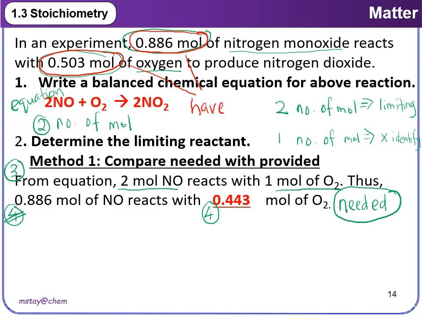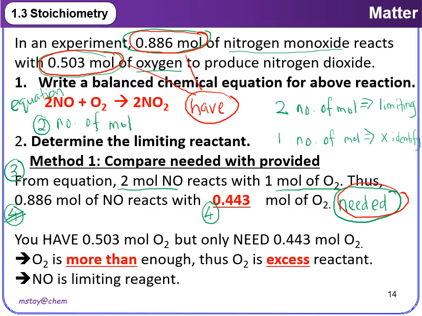So now, step number 5 will be comparing what you have with what you need. Okay, in this case, you have 0.503 mole of oxygen, but you only need 0.443 mole of oxygen. So that means the oxygen that you have is more than enough.